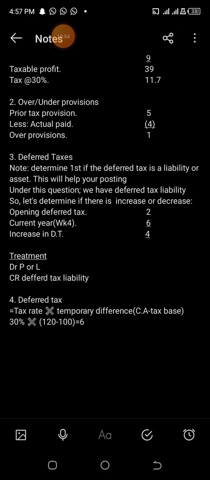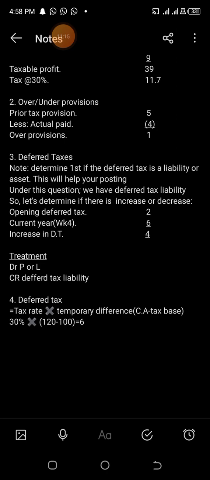If it is negative, it is known as a deferred tax asset. So you must always multiply your temporary difference by the tax rate to get your deferred tax. So our deferred tax liability, when we multiply 30% by 20, will give us 6. That is why we have what we call deferred tax liability.